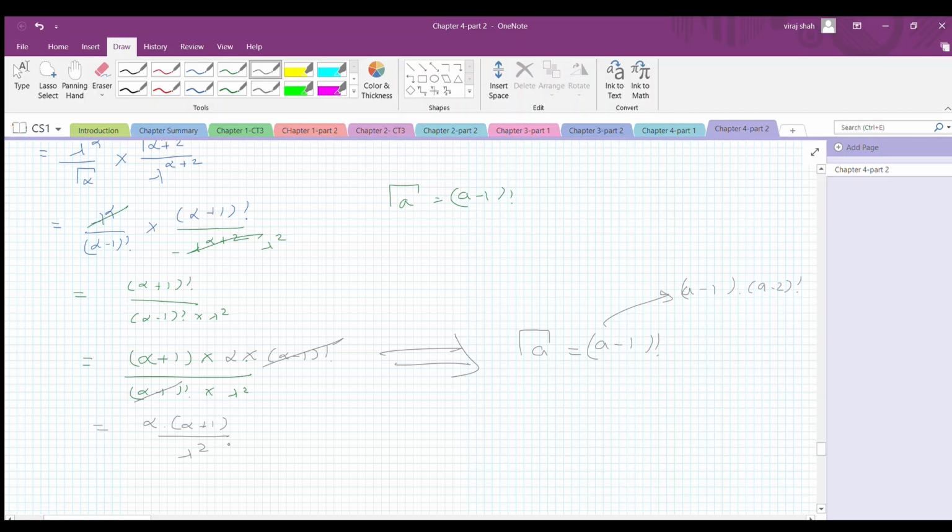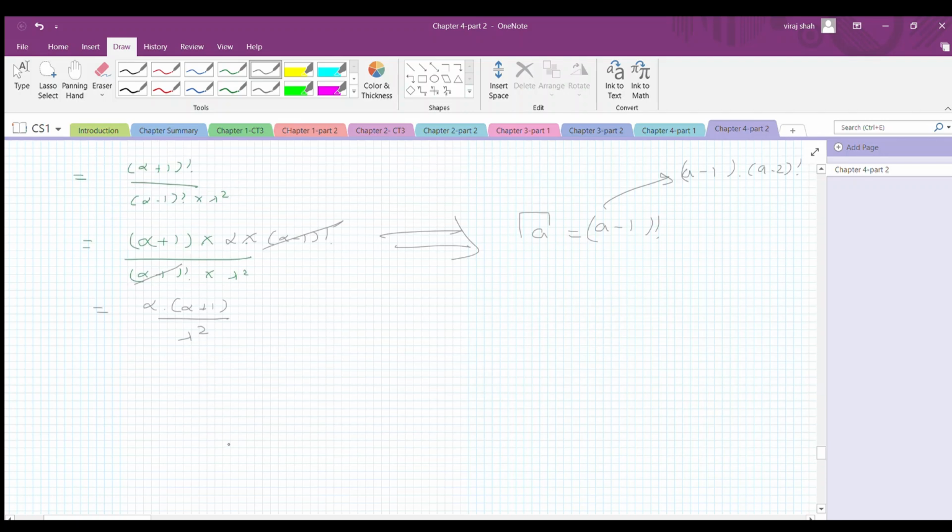Going ahead, we found expectation of x square. Now we have to go for variance. What is the formula for variance? It is nothing but expectation of x square minus expectation of x the whole square, right? What is expectation of x square?